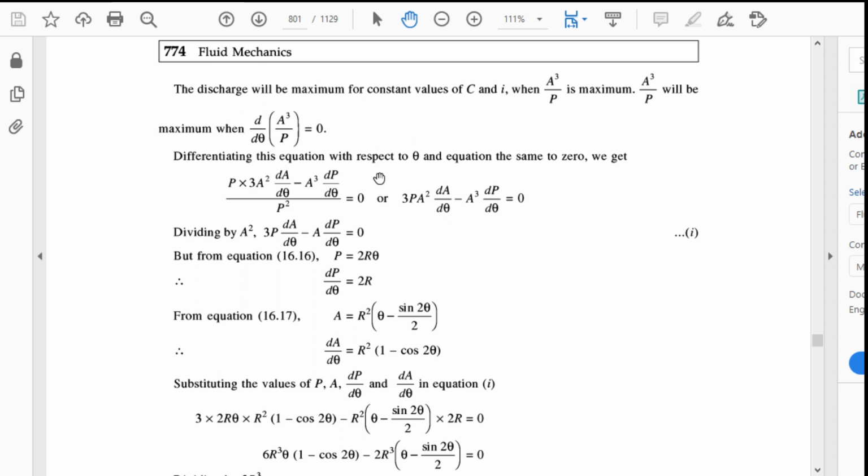Okay, so again, as we differentiated A by P with respect to theta, here also we have to differentiate A cube by P with respect to theta. Now differentiate it in the same manner as before.